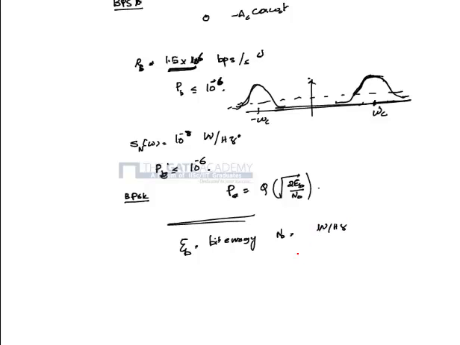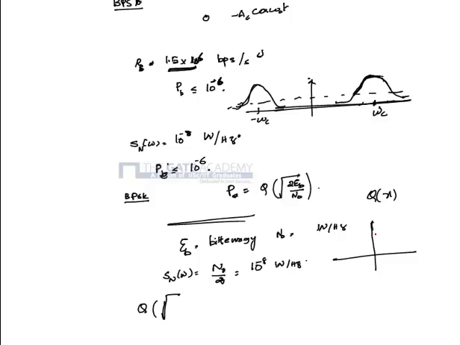Now it is also known that Sn of omega is equal to N0 by 2, which in this problem is 10 power minus 8 watt per hertz. Now we will just substitute these values. The Q function, it's already assumed we know what it is. Q of x is nothing but the tail probability of a Gaussian function.